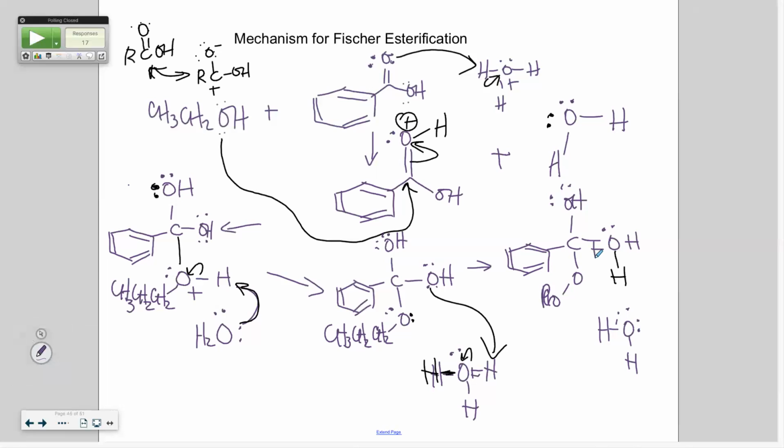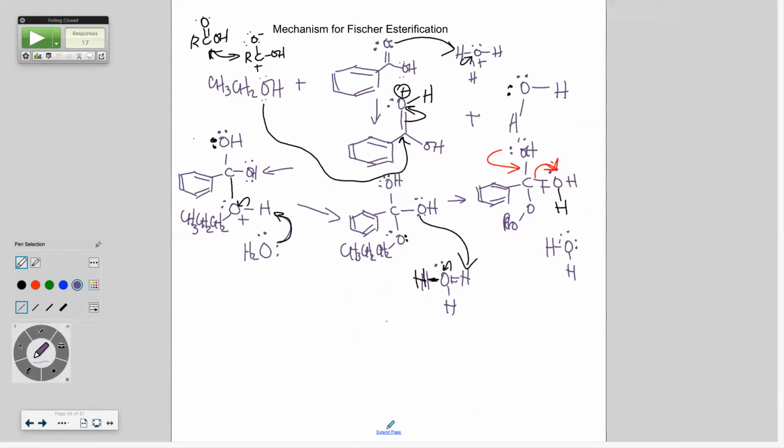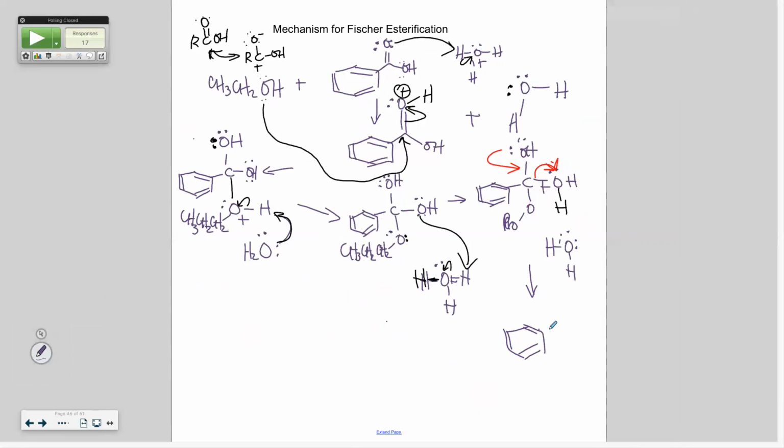All right, now how can we get rid of the water? Remember what we did in the Pinacol rearrangement? I'm going to make it red. These electrons are going to come here and kick out the water, just like we did in that Pinacol thing that I showed you a little bit ago. All right, so now I'm going to have my benzene ring. Draw what didn't change.